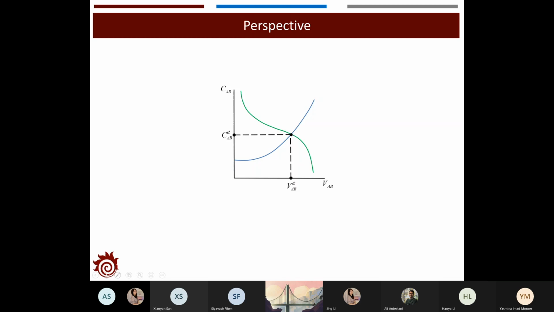And another thing I want to mention is about the latent demand. This one refers to some changes about the supply function or the demand function. For example, if we are talking about a freeway segment, you have the supply function, which would be the blue line here, and also you have the demand function, that would be the green line there.